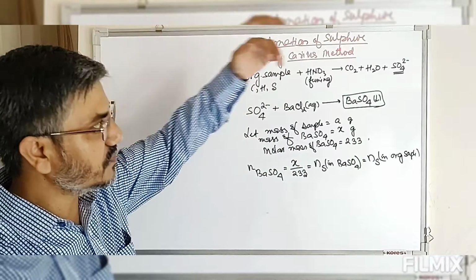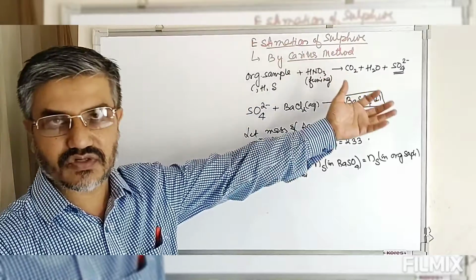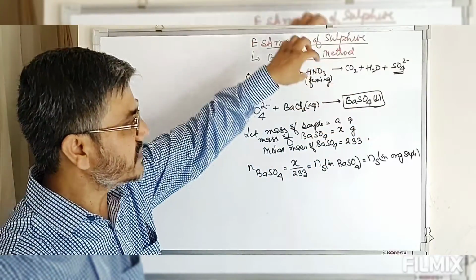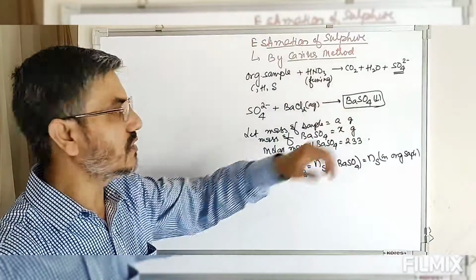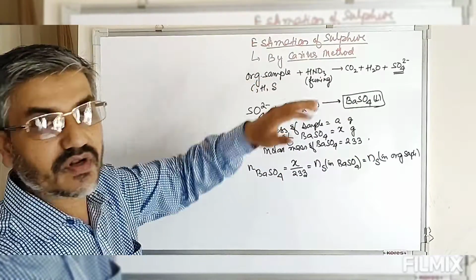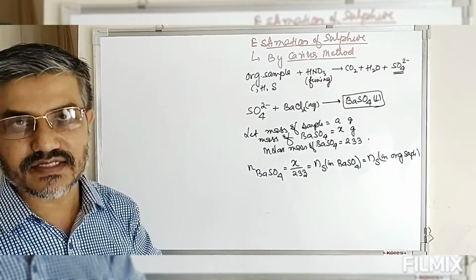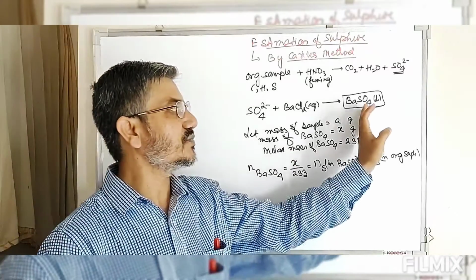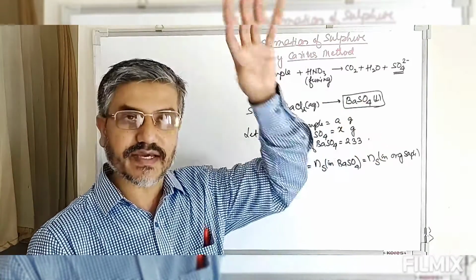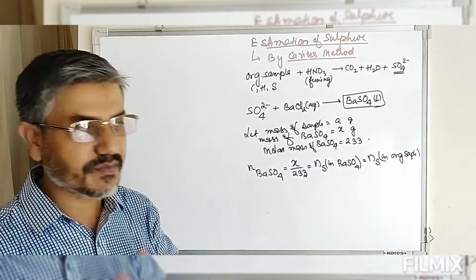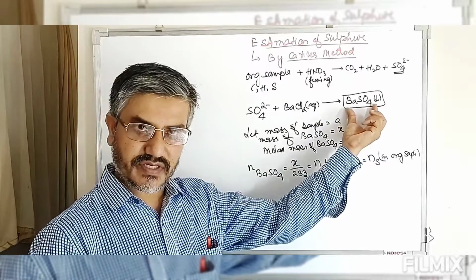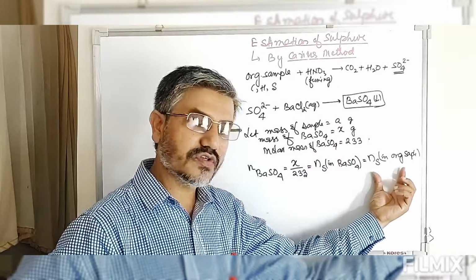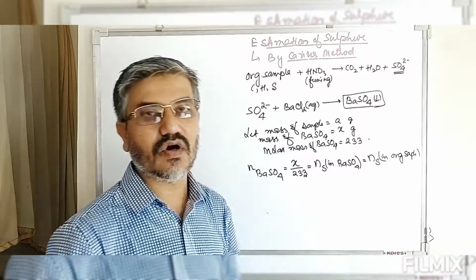In the course of this chemical reaction for the estimation of sulfur, we are simply adding nitric acid, then to this solution we are adding barium chloride. We are not adding any sulfur from an external source. So all the sulfur present in the barium sulfate must be coming exclusively from the organic sample. Therefore the number of moles of sulfur present in barium sulfate is equal to the number of moles of sulfur which was present in the organic sample.